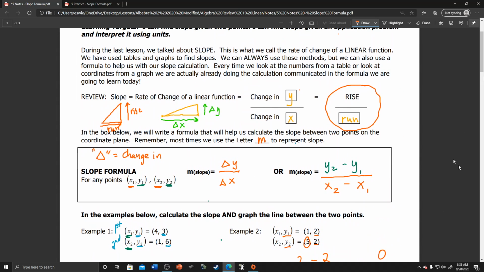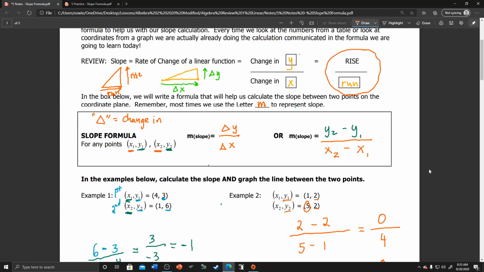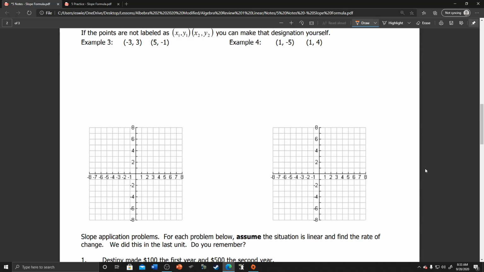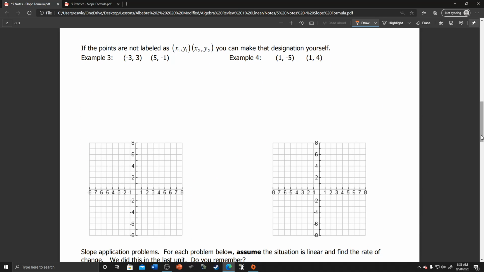So, oftentimes on tests or just in the real world, if you're trying to find something, it might not be labeled. So oftentimes the points for us are not going to be labeled as x1, y1 or x2, y2. We have to make that designation ourselves.